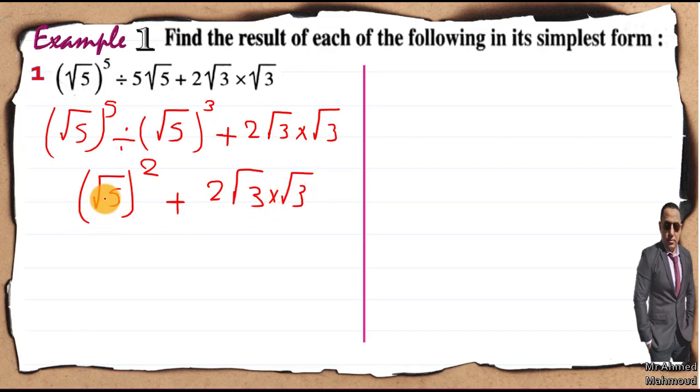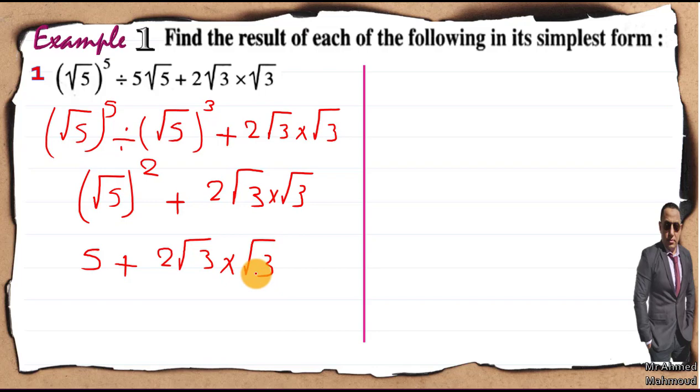Now I'm going to evaluate the bracket. Root 5 power of 2 equals 5, plus 2 root 3 times root 3. Now I have plus and I have 2 times root 3, but I can't multiply 2 times root 3, so I will multiply root 3 times root 3. How come?